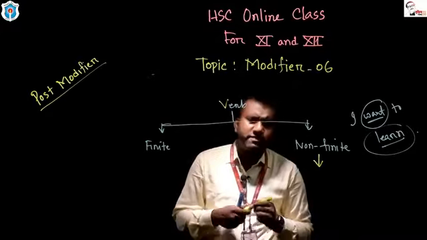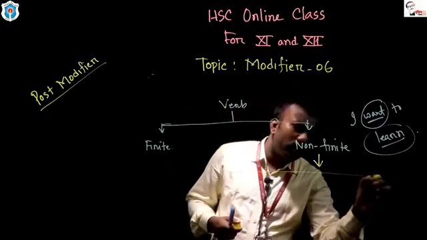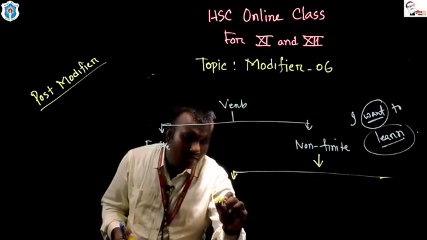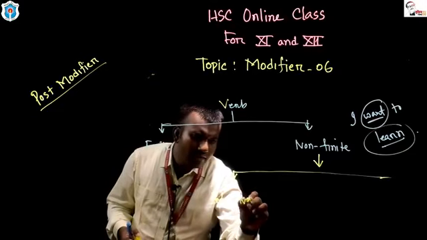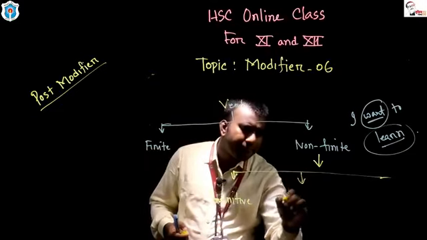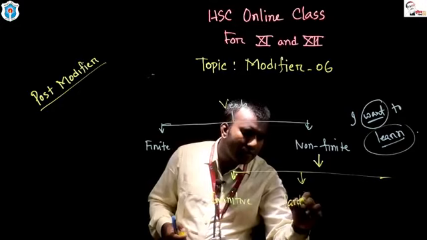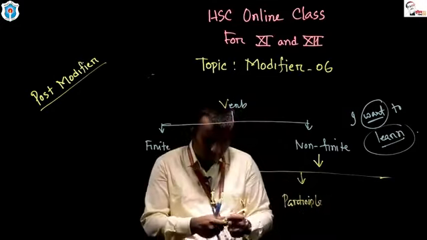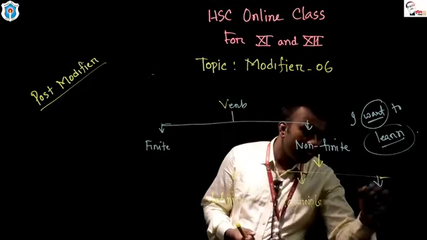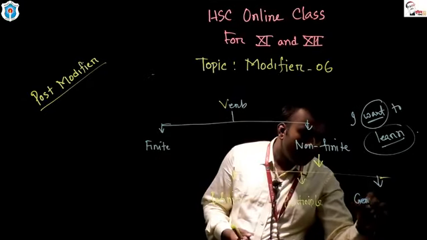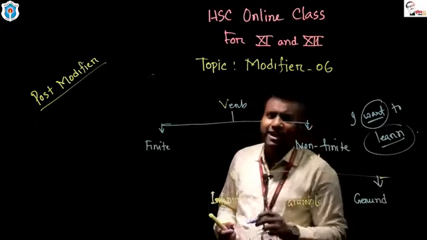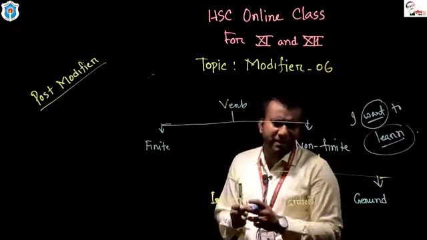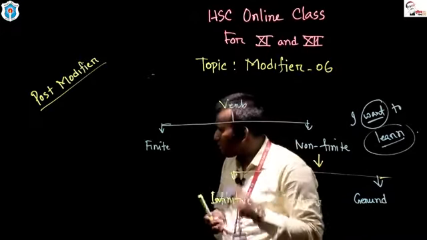These non-finite verbs can be classified into another 3 types: infinitive, participle, and the third one is gerund. A student asked me a question in my last class about the difference between gerund and participle. Today I will give you the answer.